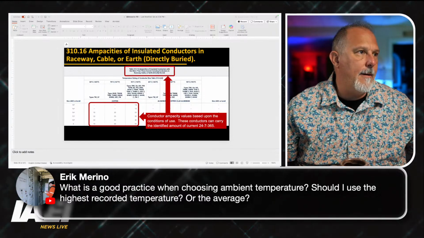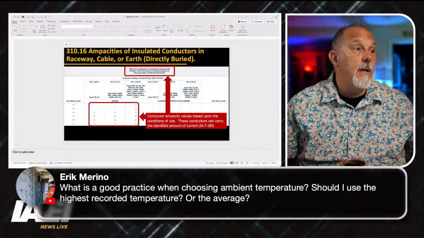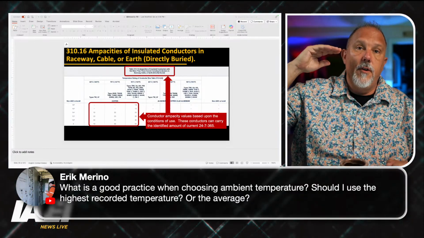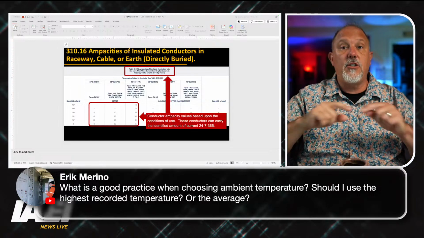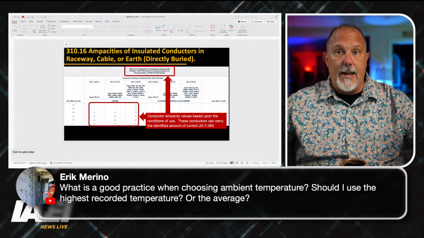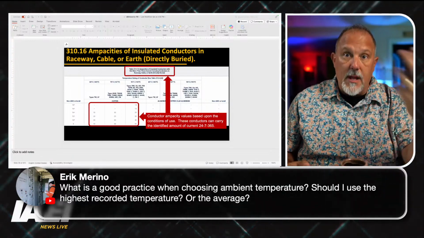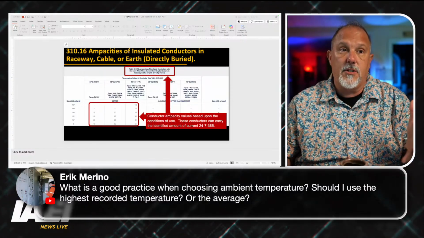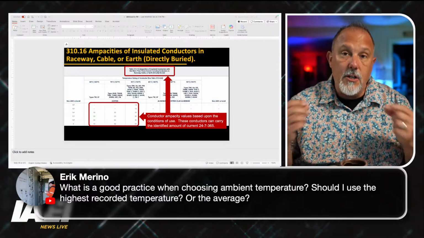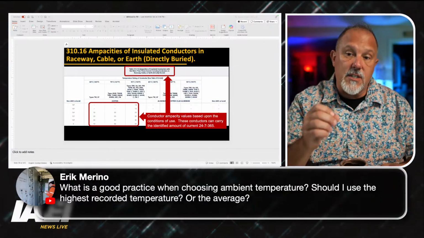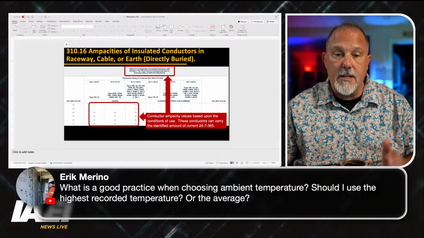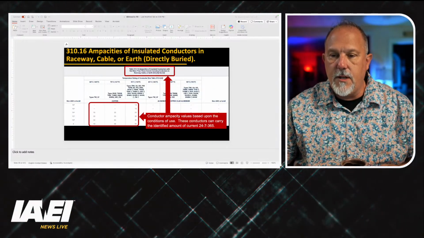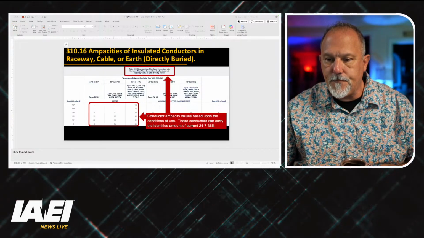It's really important to understand what you could see in an attic, because you could have the supply and the load in an area of the house that's not conditioned, and you need to take that into consideration when you're sizing the conductors for the application. Very good point, Eric. I wish I had a better answer for you. We'll see what everybody says.